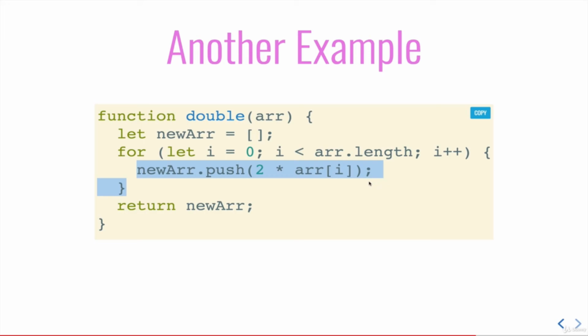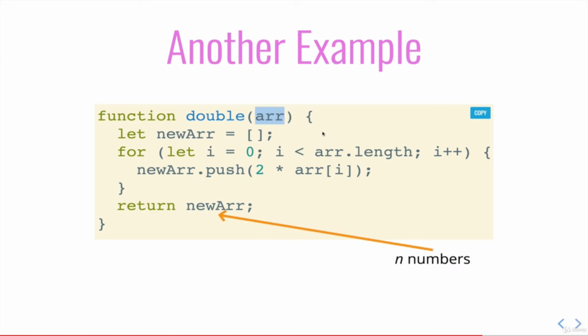This new array is getting longer and longer directly in proportion to the length of the input. If the input array is 10 items, we're storing 10 items in a new array. If it's 50 items, we're storing 50 items in a new array and returning that. So the space that's taken up is directly proportionate to n, the input array. So n numbers, we get O of n space.